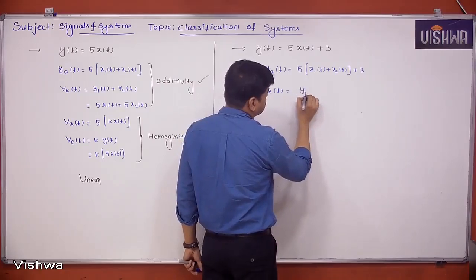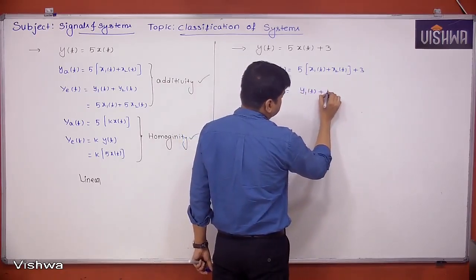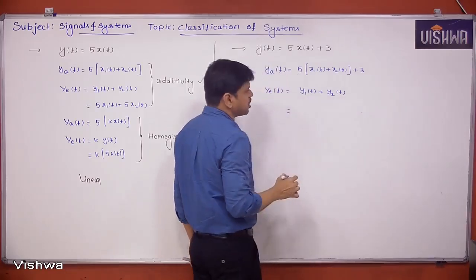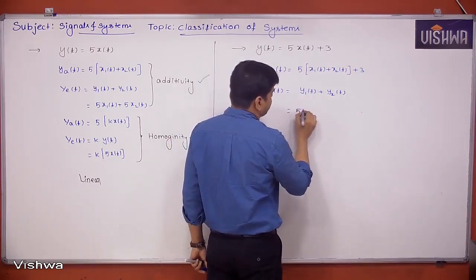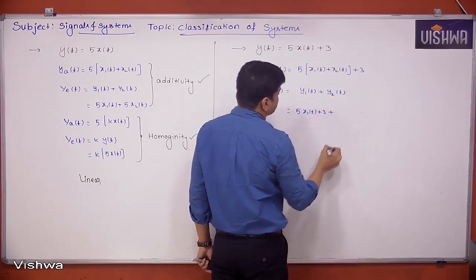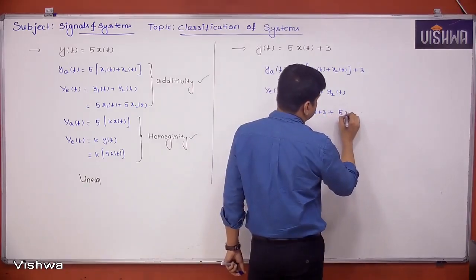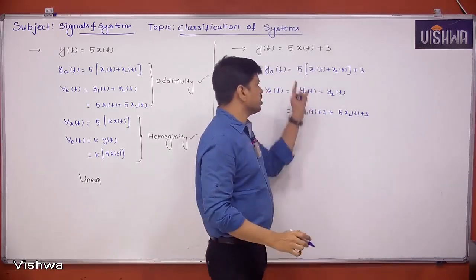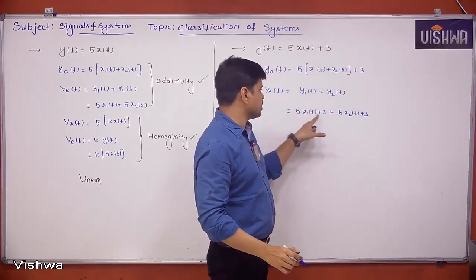Now, what is the expected output? y1 of t plus y2 of t. So y1 of t means if x1 of t is the input, which is nothing but 5 x1 of t plus 3. What is y2 of t? 5 x2 of t plus 3. So here let's see, 5 x1 of t, 5 x2 of t, it is there, plus 3.